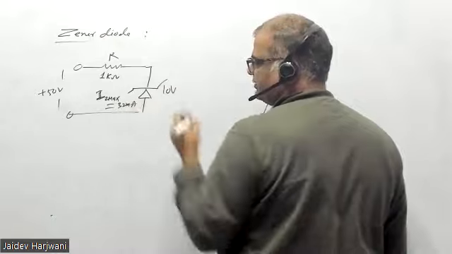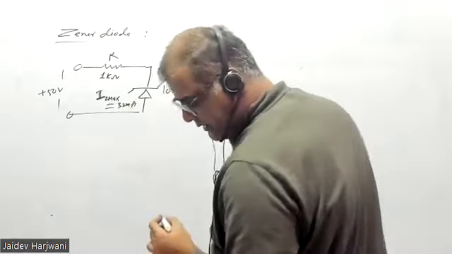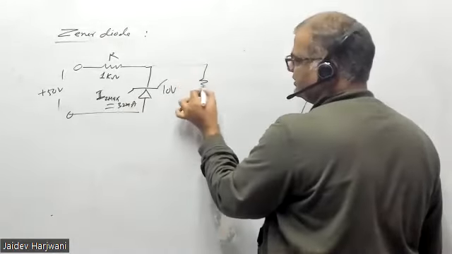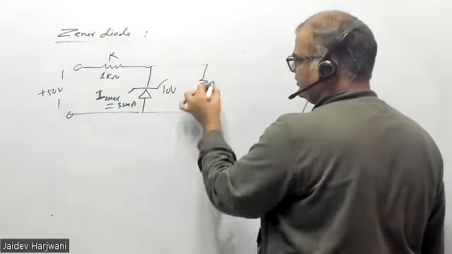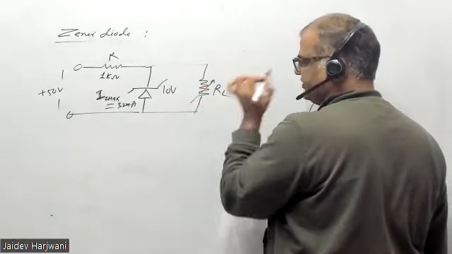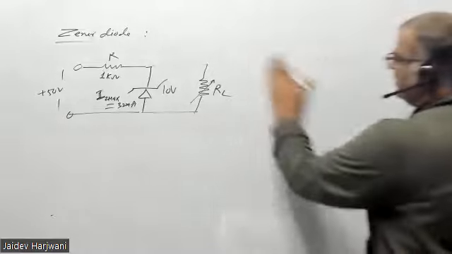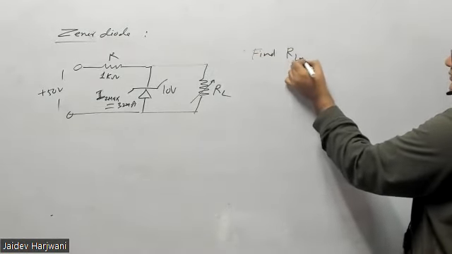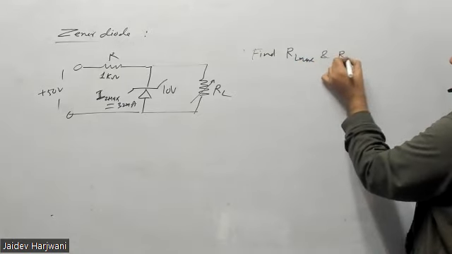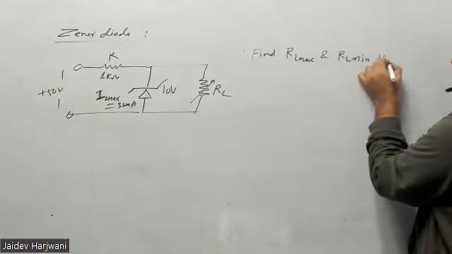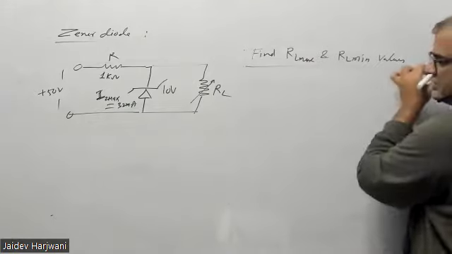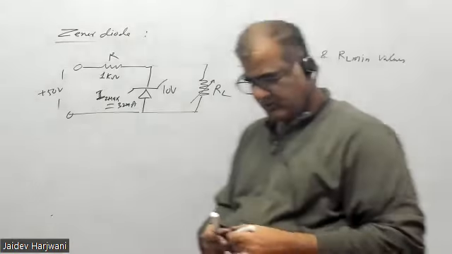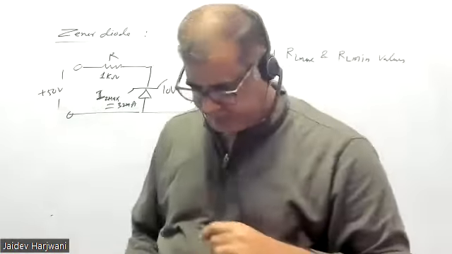And this RL is varying. Find RL max and RL minimum values for this given circuit. Find out.